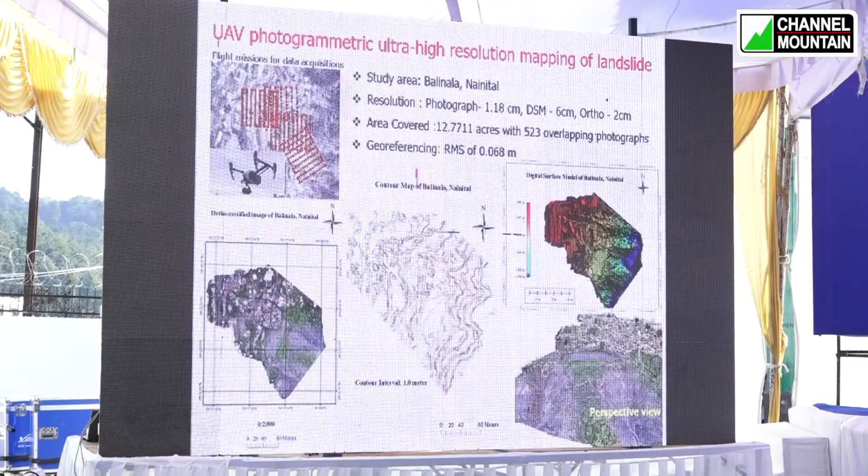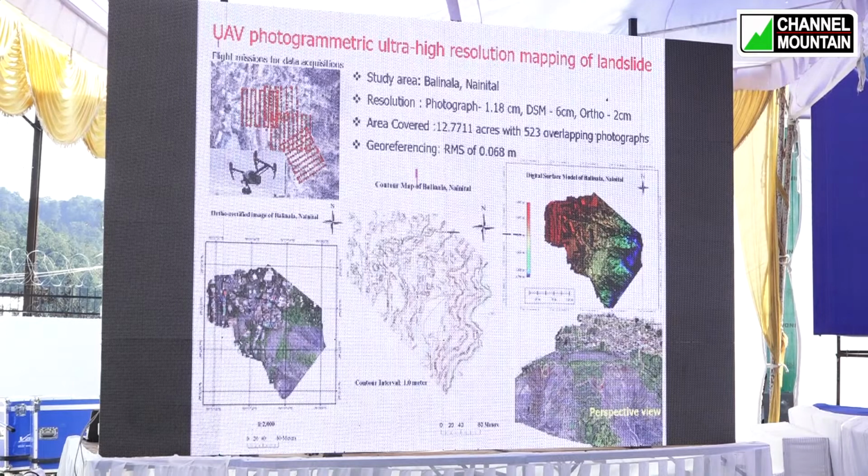Next slide. This is another example using UAVs. Nowadays we have high resolution data from space, but UAVs are also coming up as a very potential tool for generating rapid, high resolution surveys using sensors mounted on unmanned aerial vehicles.